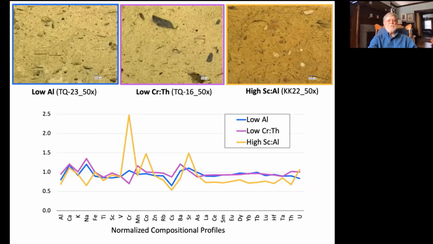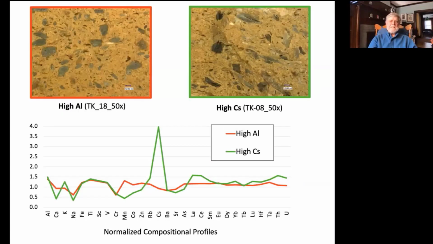You can read that following it. And these are thin sections or macro photography sections of a typical sherd from each of those compositional groups. And these are the other 2 groups.